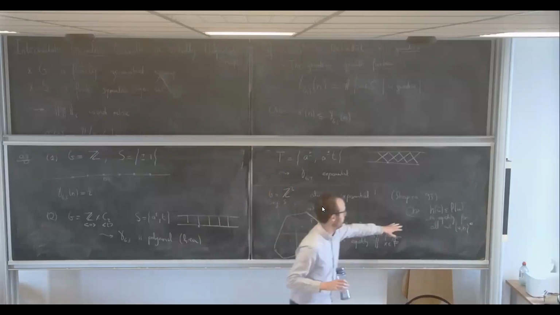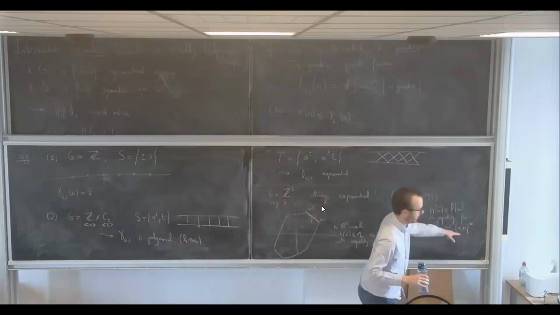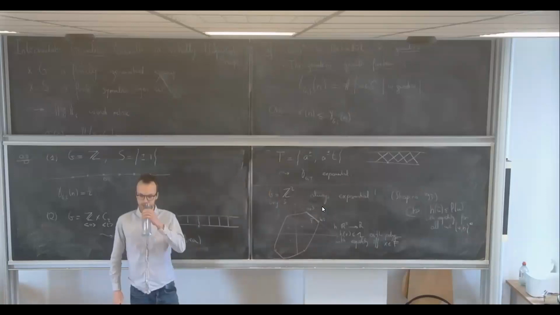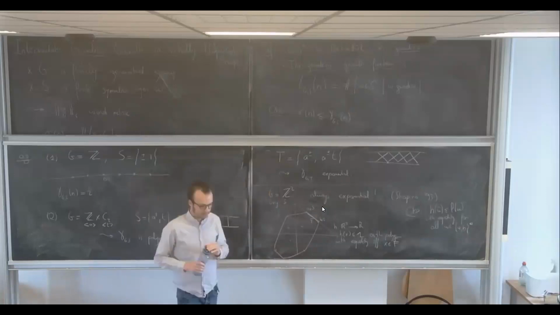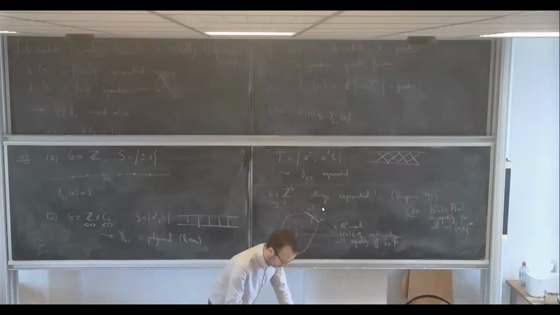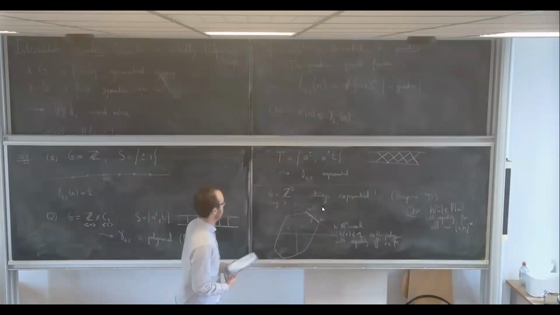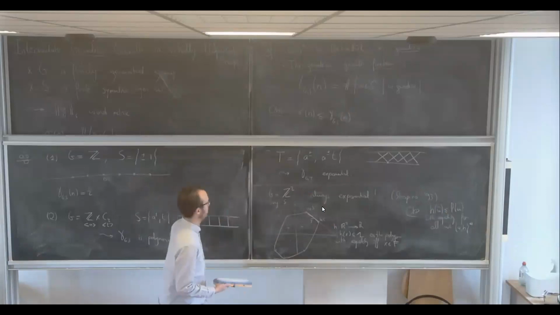So from this you get that you have at least exponentially many geodesics, already for any generating set. So for this example, you always have exponential.